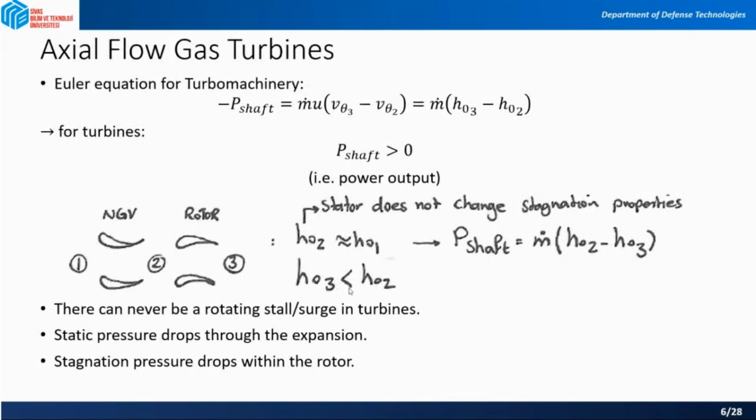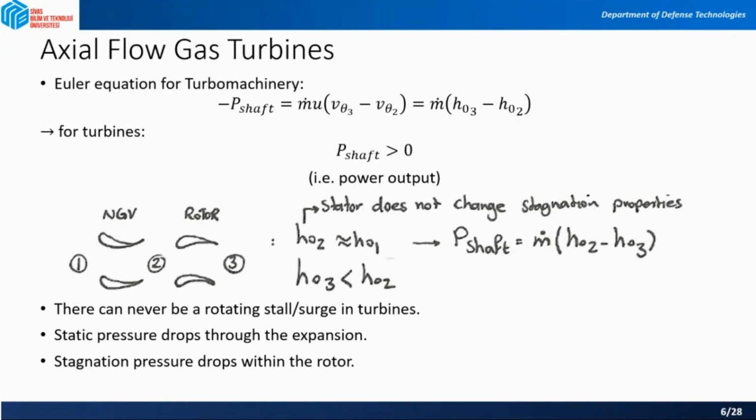Okay, let's have a look at the Euler equation, and let's have a recap of the Euler equation here. So you remember that the power of shaft was equal to mass flow rate times velocity times the difference in tangential velocity.